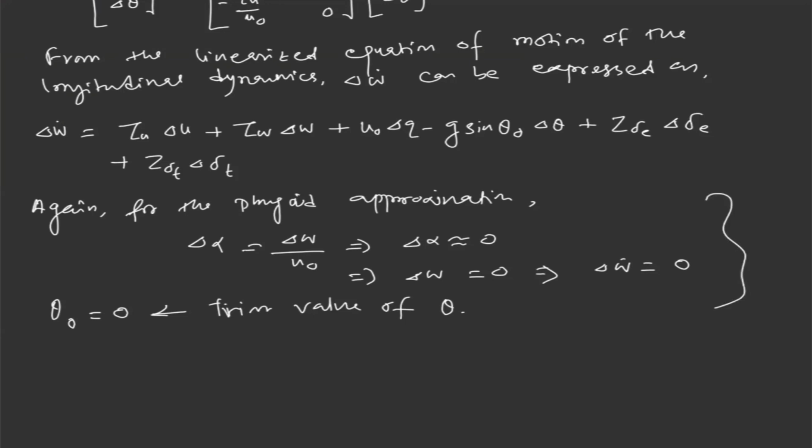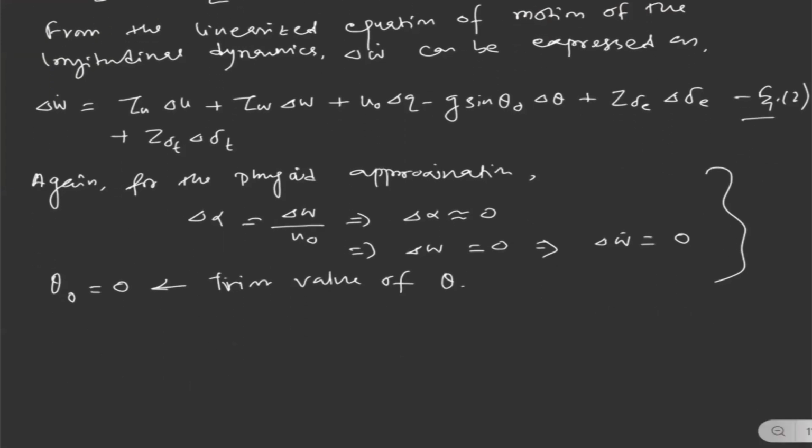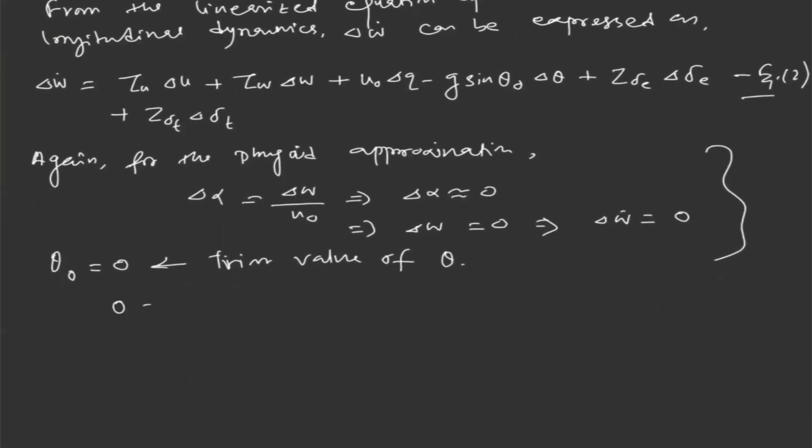If you substitute these assumptions in equation 2, we can write 0 equal to Zu delta u plus u naught delta q plus Z delta E, capital delta E, plus Z delta T, capital delta T.